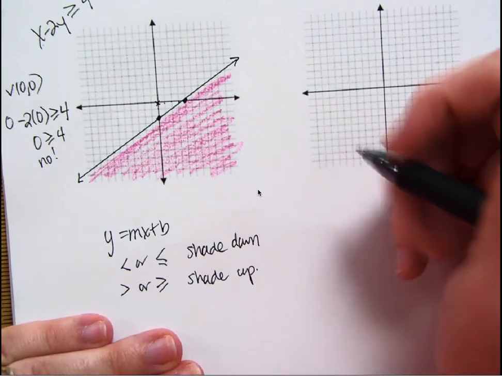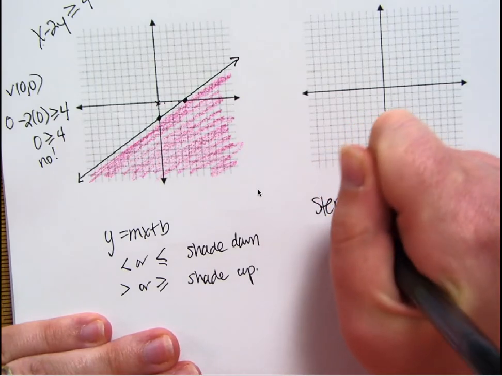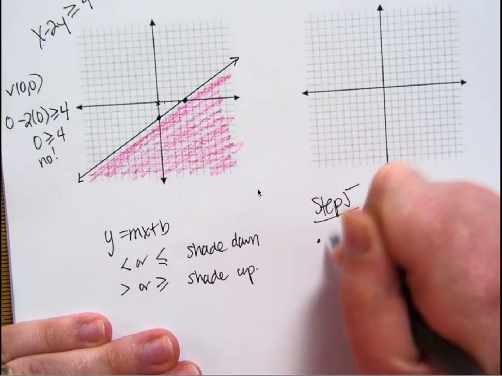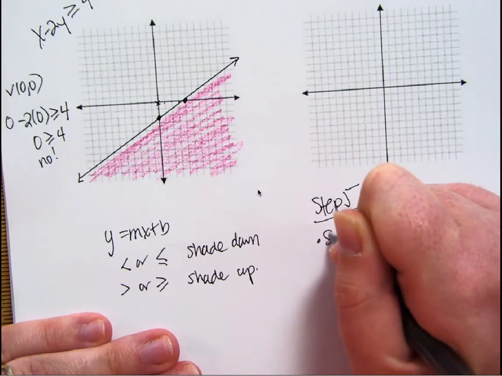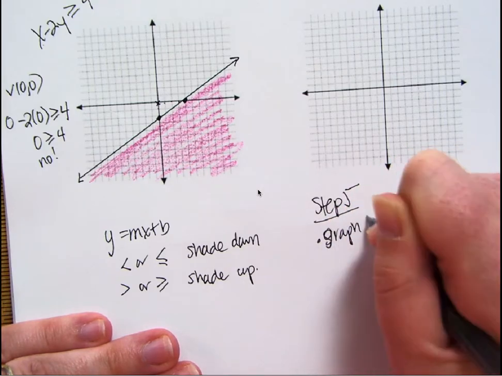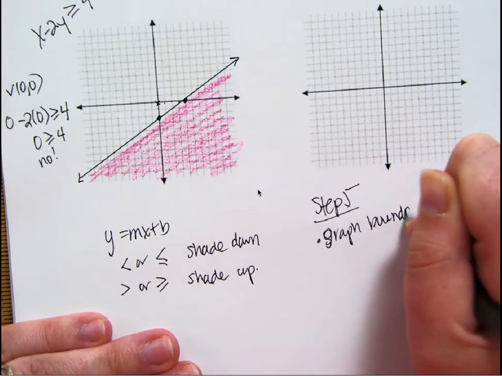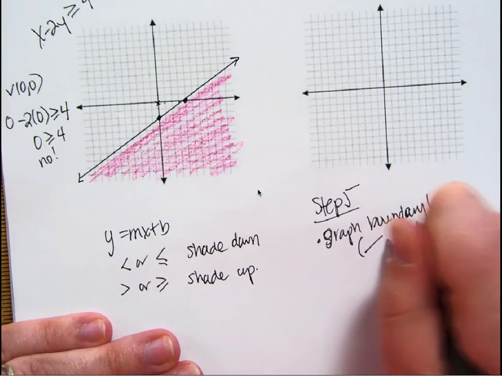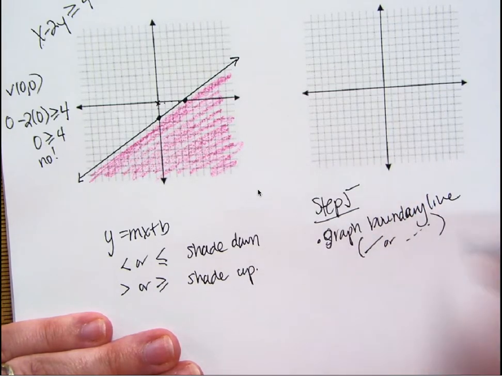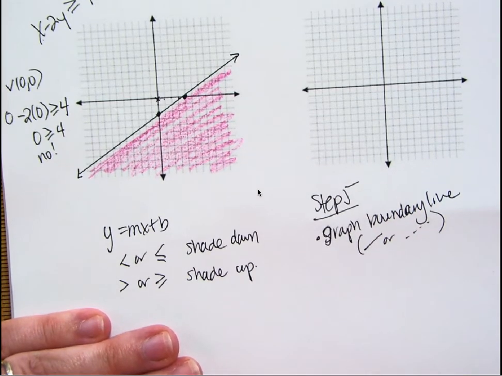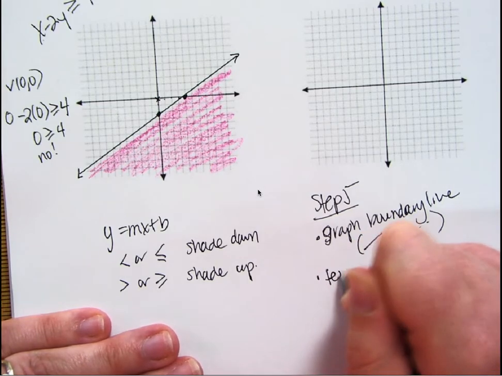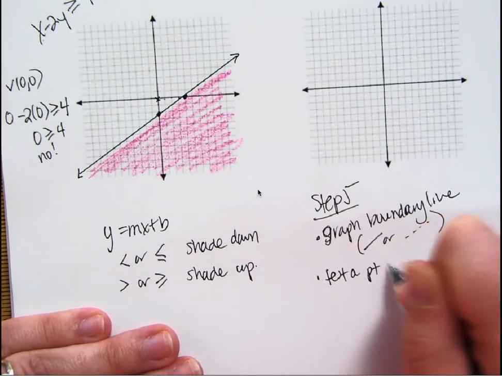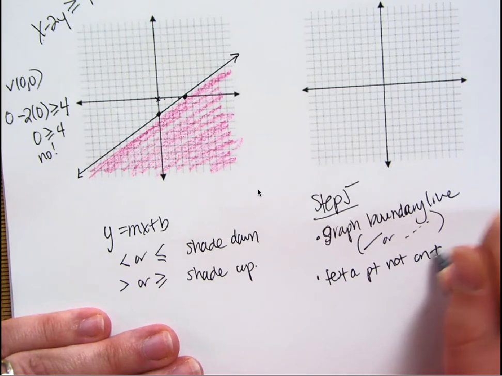So our steps for graphing an inequality. The first step is to graph the boundary line. And so that would be the inequality just written as an equation, but you want it dashed or dotted, depending on if we're including points or not. From here, we want to test a point that's not on the line.